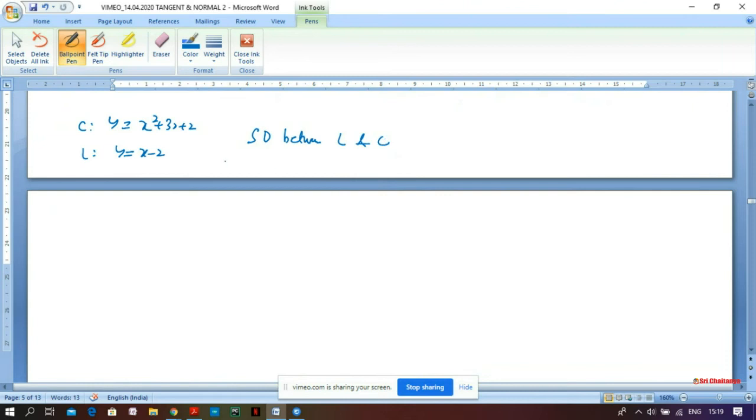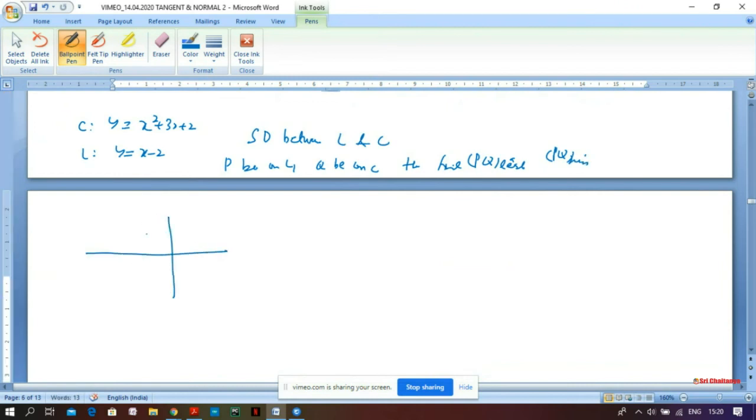Or put this way, let P be on L and Q be on C. Then find PQ least, or PQ minimum. So as P moves on this one, this curve can be drawn like this, this kind of thing, this parabola, and y is x minus 2.